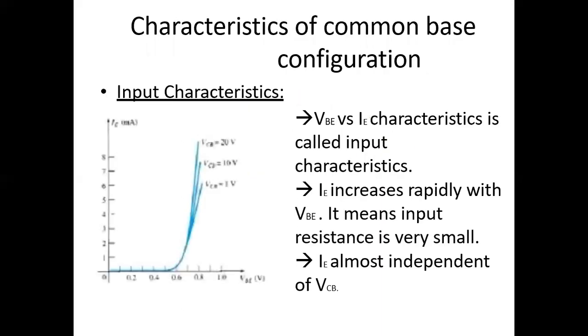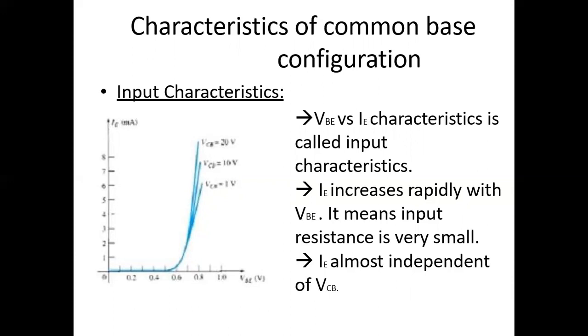Now the characteristics of common base configuration for different common base voltages. First, the input characteristics in common base connection. The base-emitter junction voltage versus IE is called the input characteristics, and IE increases rapidly with the increase of VBE.